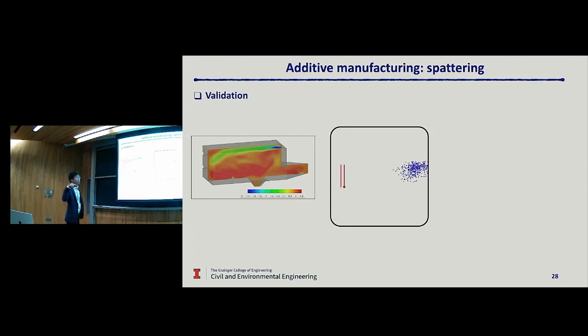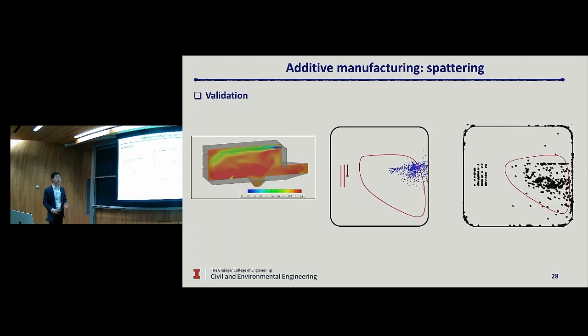Now you are looking from the top over the printing platform. Those red solid lines are the printing directions, and those blue dots show you the dynamic process of the distribution of the powder spatters.